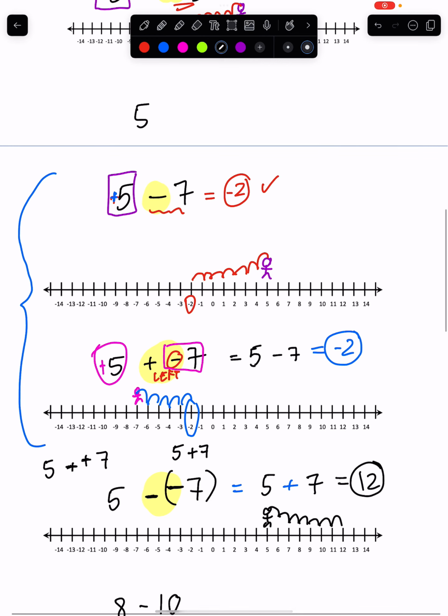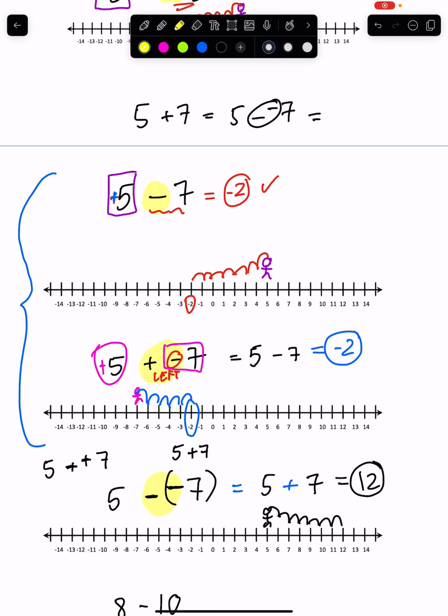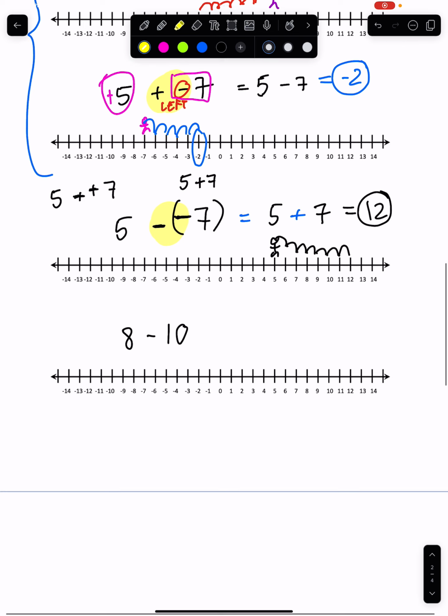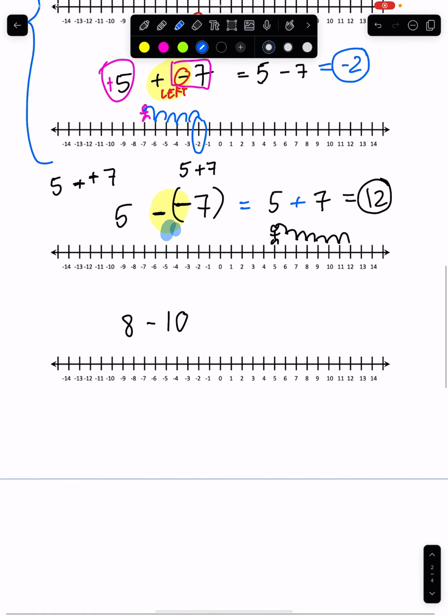So again, 5 plus 7 is the same as 5 minus -7. Two negatives turns into a plus. So you think of it as the opposite of -7. That becomes +7. So it's 5 plus 7. It's really a right movement.